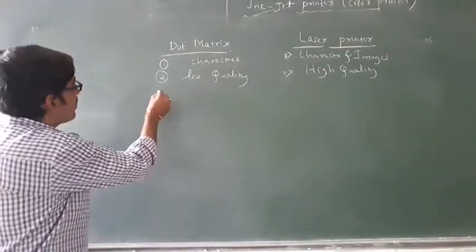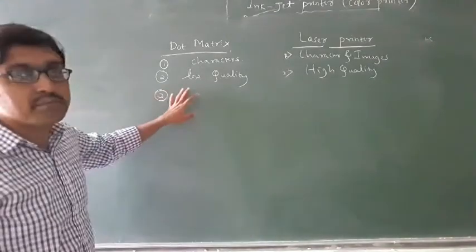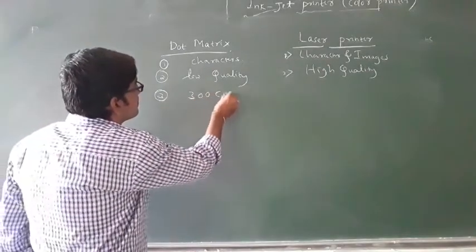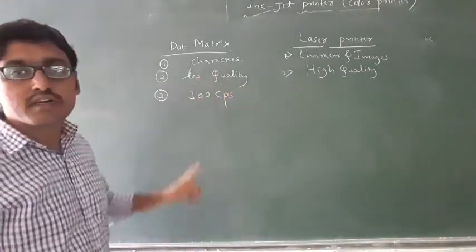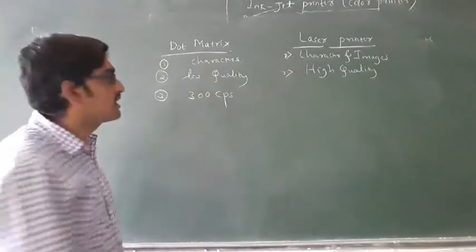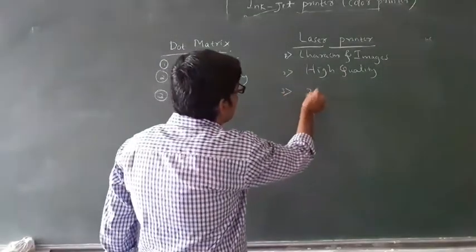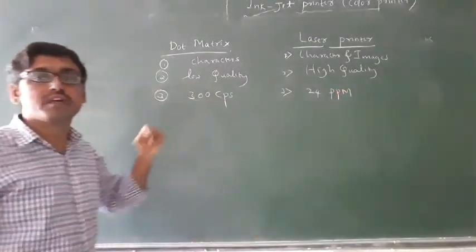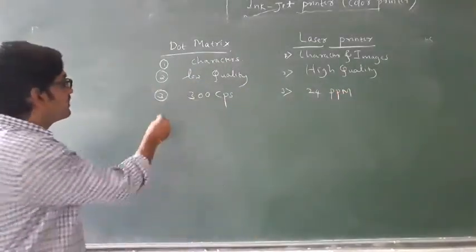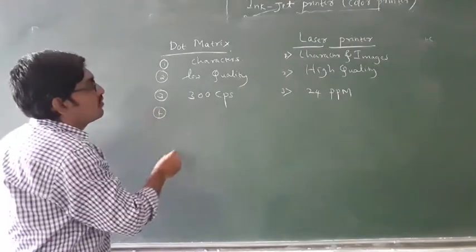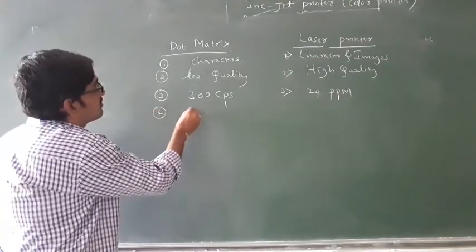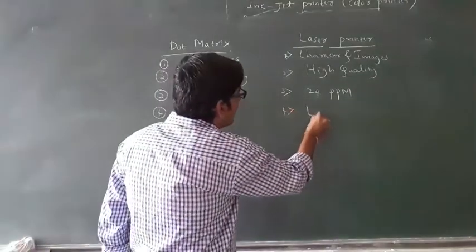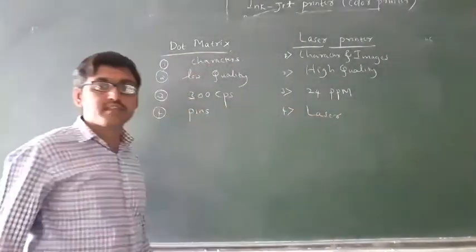Then how to measure the printing speed. Dot matrix produces 300 CPS, that is 300 characters in 1 second, but laser printer produces 24 pages in 1 minute. Here in dot matrix we use pins, but in laser printer we use laser technology.